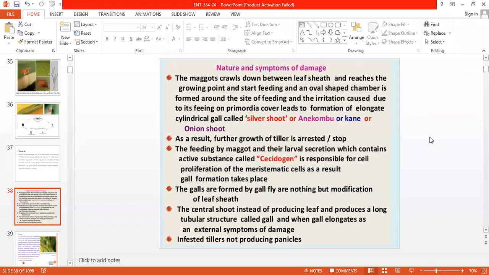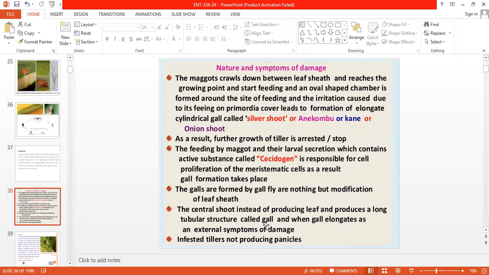The central shoot, instead of producing leaves, produces a long tubular structure called a gall. So due to the infestation of the maggots, the infested shoots do not produce leaves, and instead they produce tubular structures called galls.